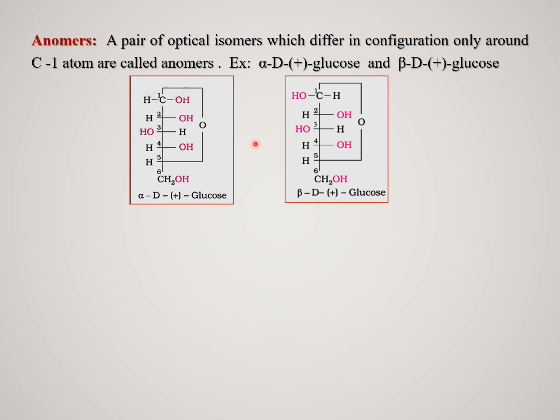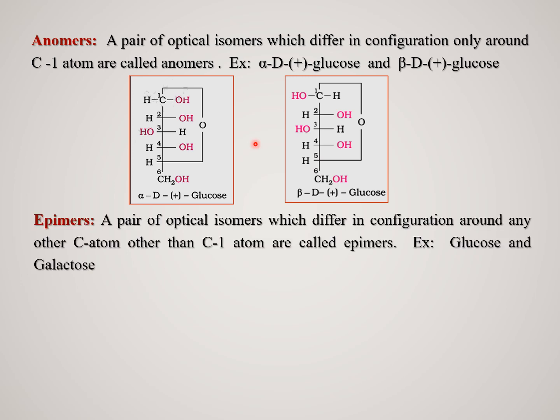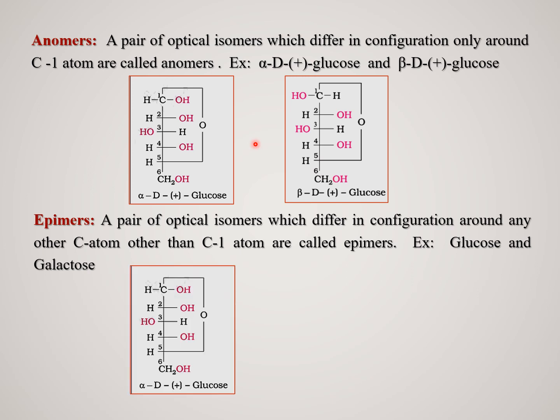The next terminology which we have to learn is called epimers. Epimers are a pair of optical isomers which differ in the configuration around any carbon but not carbon number 1. Let's take the example: glucose and galactose.